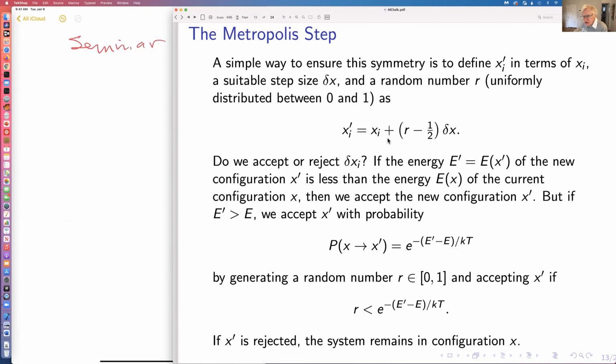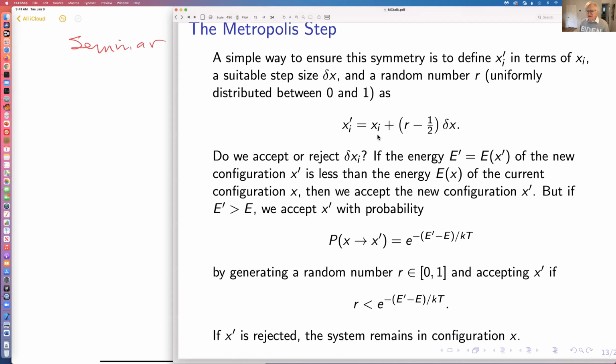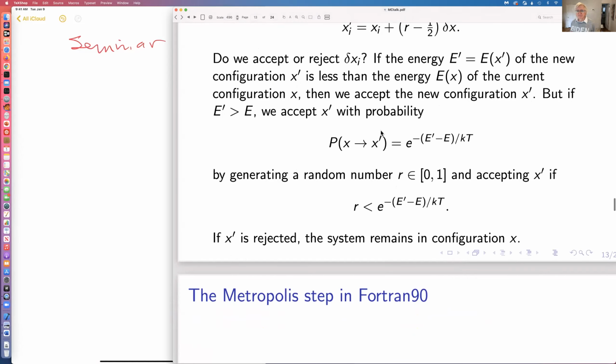So half the time you increase xi, half the time you decrease xi. And the amount that you change it is by delta x. So there's a matter of judgment here as to how big to make delta x. The basic rule of thumb is that you choose delta x so that you accept the change half the time.